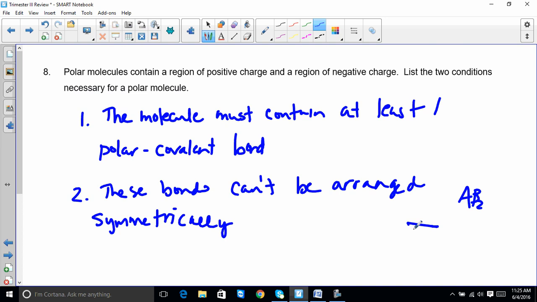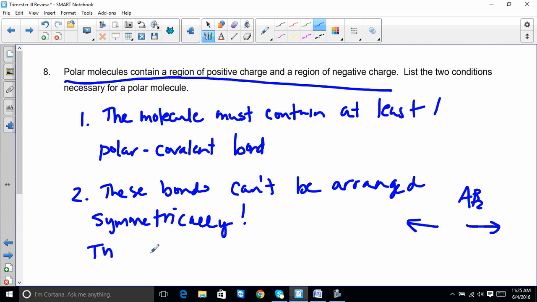Well, one shift goes this way and one shift goes this way, and the shifts cancel. And so you don't end up with a molecule with a region of positive charge and a region of negative charge. Now, sometimes I say, instead of that, the bonds can't be arranged symmetrically, I say the bonds must be arranged asymmetrically.